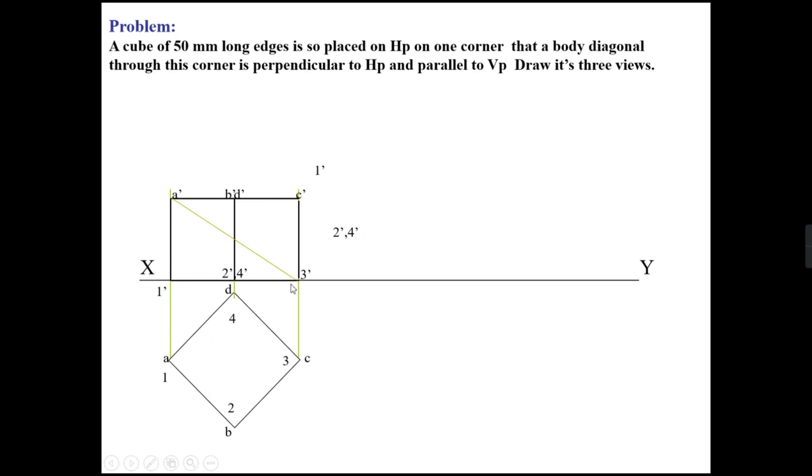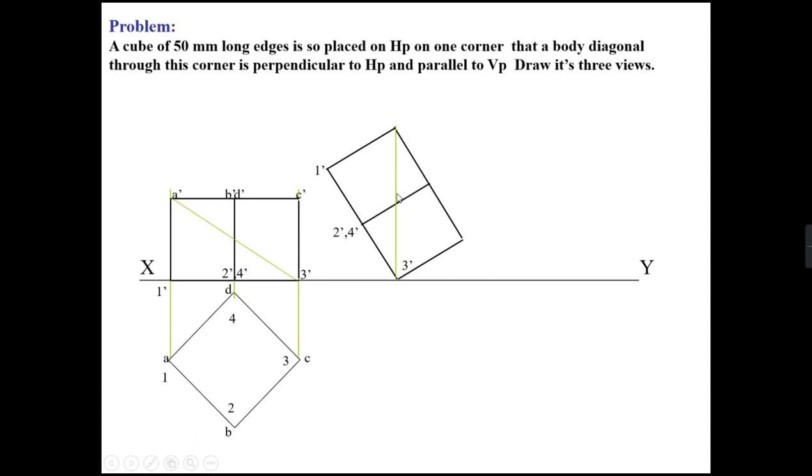Or as it is drawn here, in this diagram we are going to make the cube resting on the point 3. Okay, so this is the way I can rotate the cube so that your point 3 is on the HP and your diagonal passing through this point is vertical to the horizontal plane.